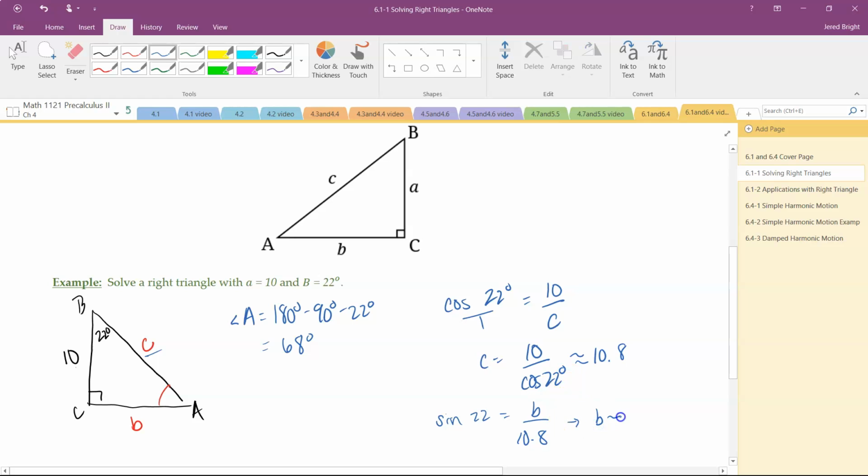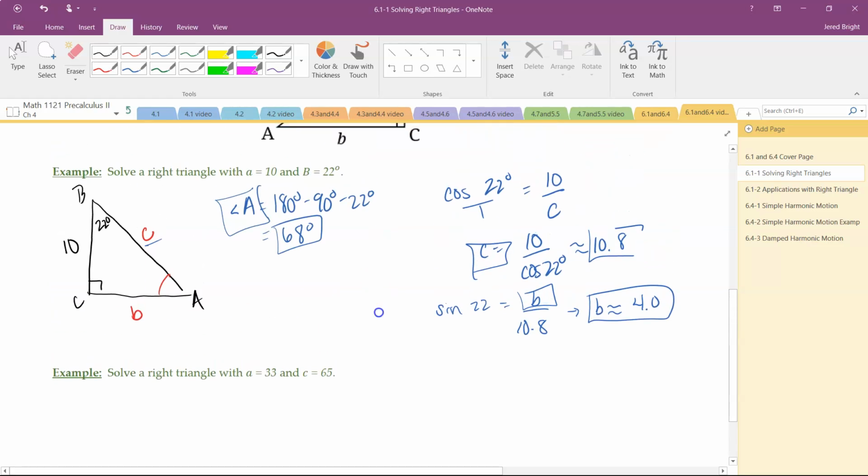When I solve this, I get that B is approximately 10.8 times sine of 22, 4.0 if I round. Okay, so about 4, and I will have solved the triangle, because I found all the missing sides and the missing angle. Okay, so that's how you can solve a right triangle.